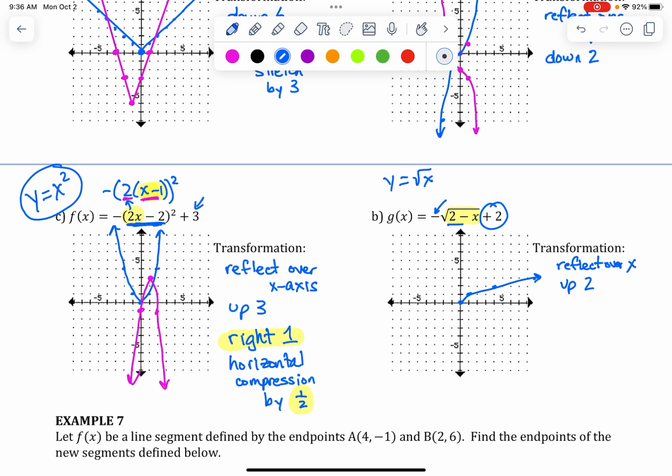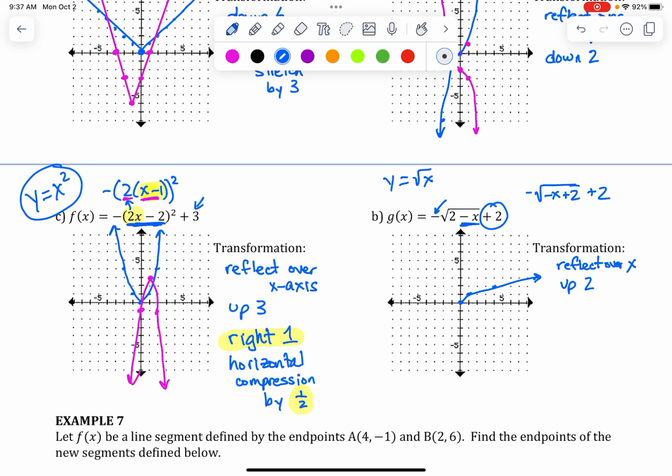depending on how you see it. But the subtle thing here is that you have a negative x, well, not in parentheses, but under the radical. So you can think of this function as negative square root of negative x plus 2, plus 2.